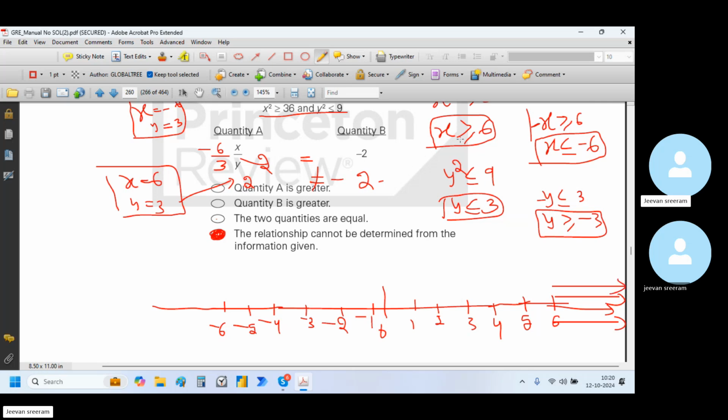This is the region it shows. x less than minus 6, less than means beyond minus 6. This is the region x less than or equal to minus 6 is representing, and then y less than or equal to 3, whatever the values which are less than 3.